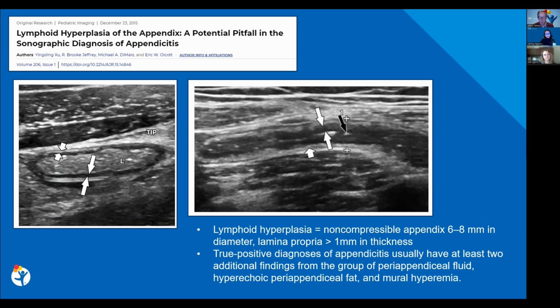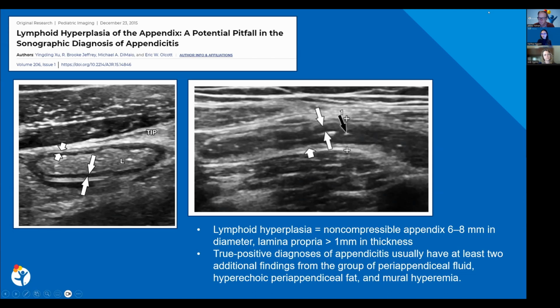I don't know if it was published by one of my former colleagues at TCH, but they did find that there is increased incidence of appendicitis in lymphoid hyperplasia. I think the thought is that because there's luminal thickening and narrowing, it's essentially a functional appendicolith causing the obstruction.